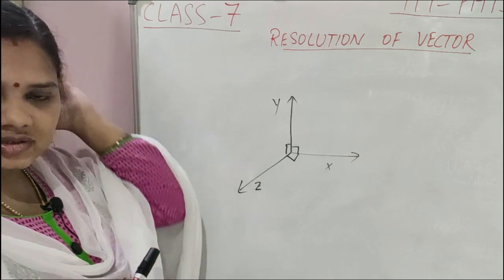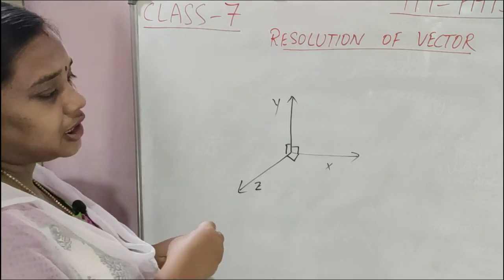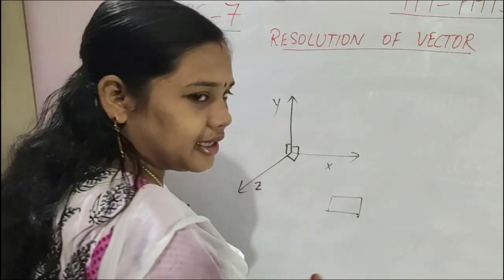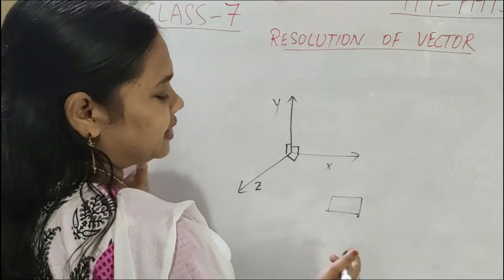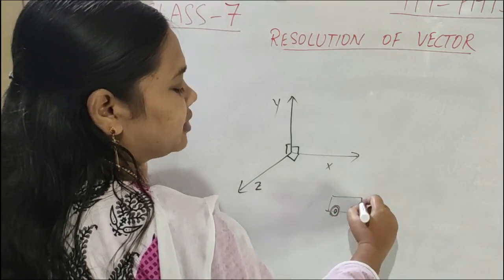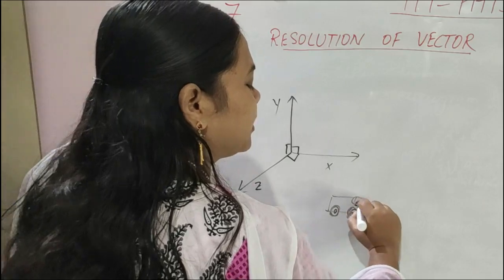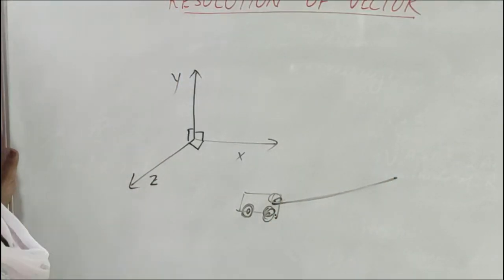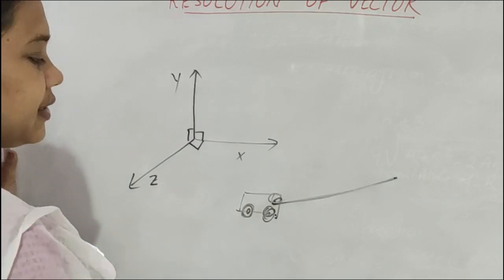Suppose a child is having a trolley. You can think a child is playing with that trolley, and there is a thread, and with this thread the child is pulling the trolley.